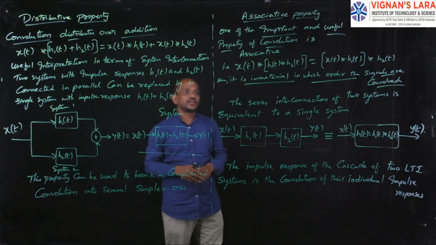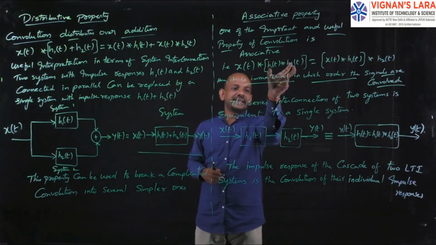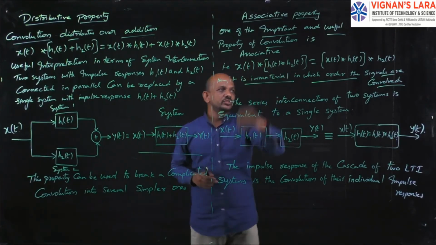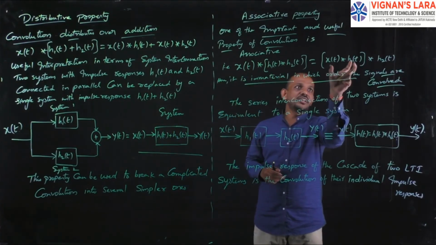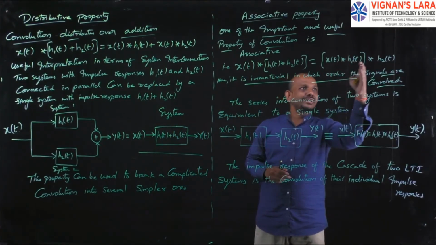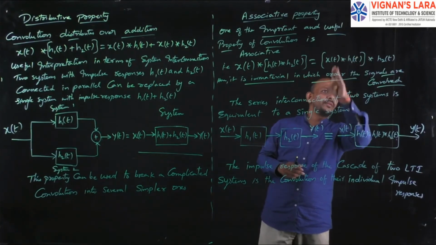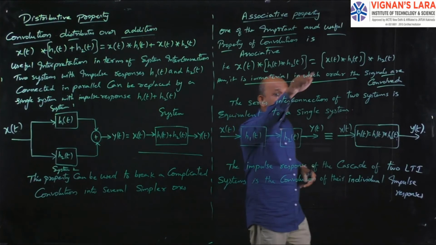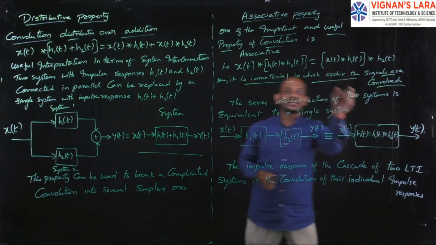It is not important. First I had taken these two as a combination, and x of t is convolved with these two, and here I had taken x of t and h1 of t as a convolution, and I had convolved this combination with h2 of t. Hence it is immaterial in which order the signals are convolved.